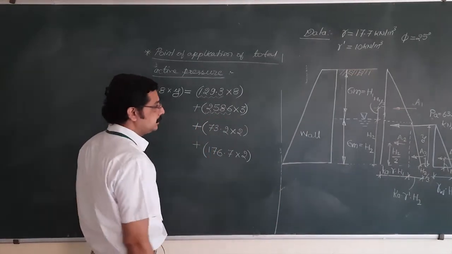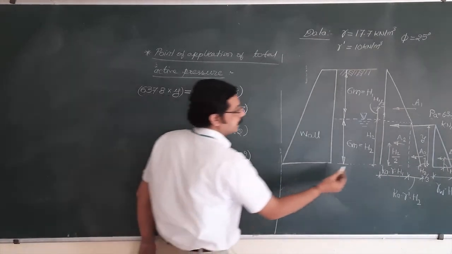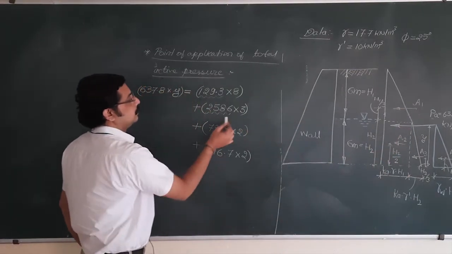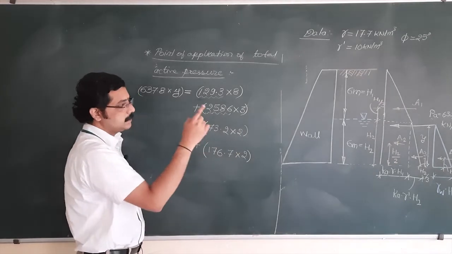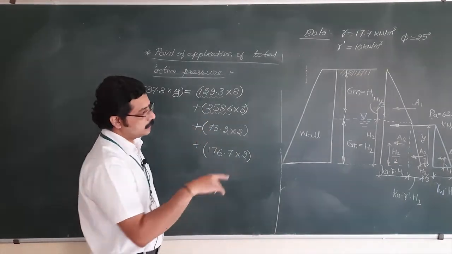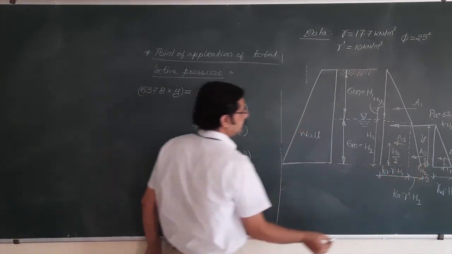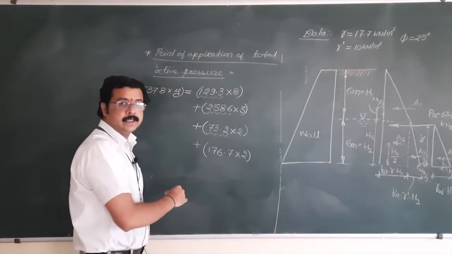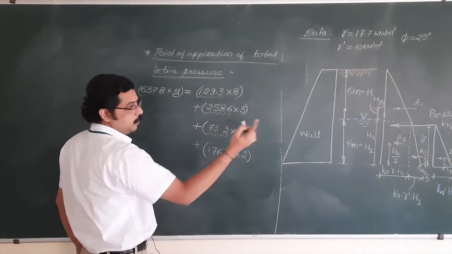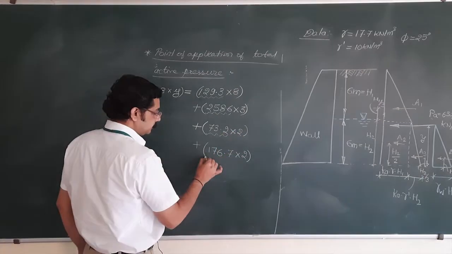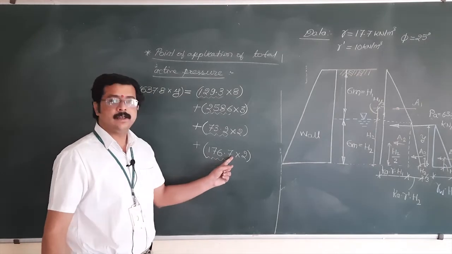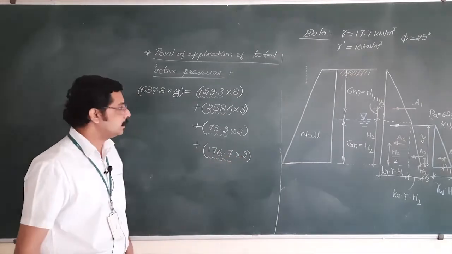258.6 multiplied by 3. 258.6 is A2, the area of the rectangle, and this is 3 meter, that is h2 by 2. Thereafter, the third area A3, its value is 73.2, and this is h by 3, that is 6 by 3. For the fourth area, due to water pressure, this is 176.7 multiplied by again h by 3, that is 2 meter.